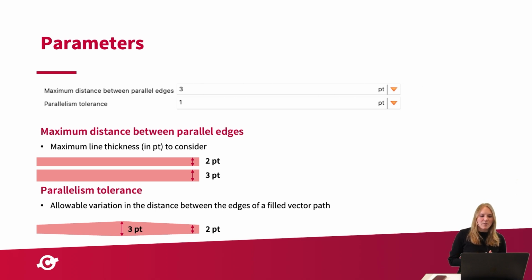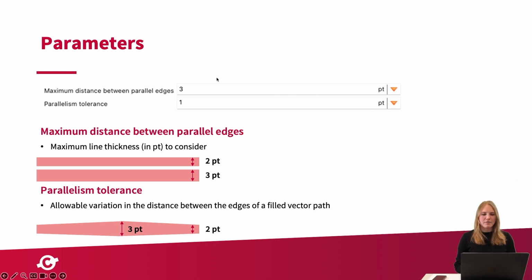And then we have the parallelism tolerance. And this is the allowable variation in the distance between the edges of a filled vector path. And this is there to also cover slight variations in a filled vector object, so that these are also covered by the fix-up.